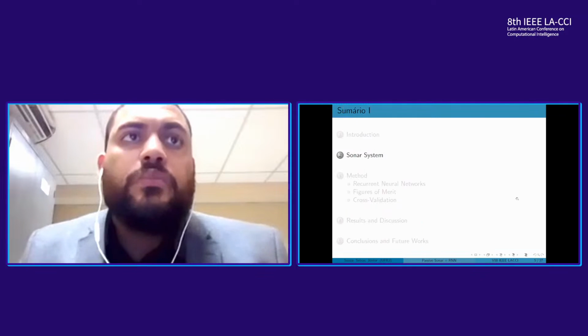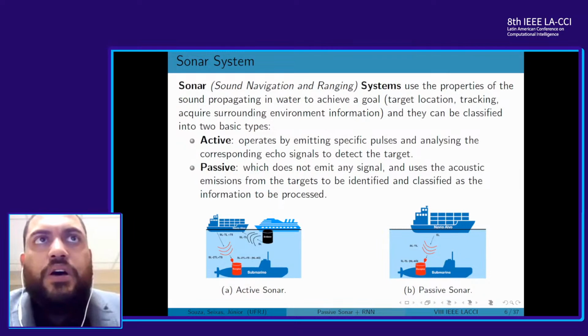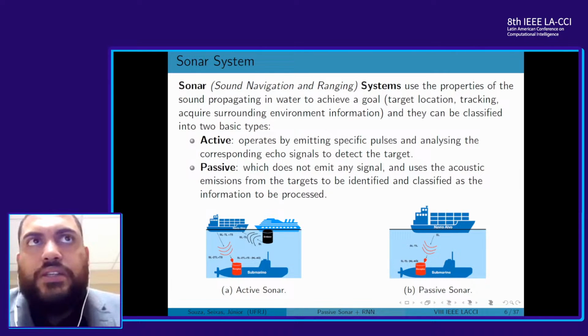Okay. So, as you know, passive sonar systems are a subset of the whole world of sonar systems, but in the specific sense that we have here, sonar can be classified in two ways: active sonar systems and passive sonar systems.